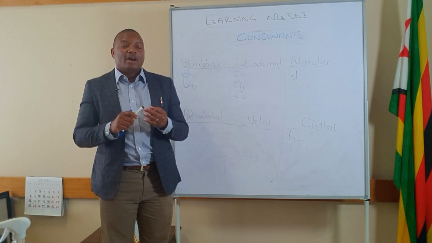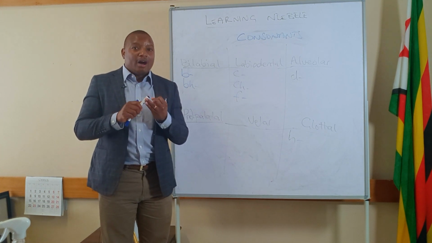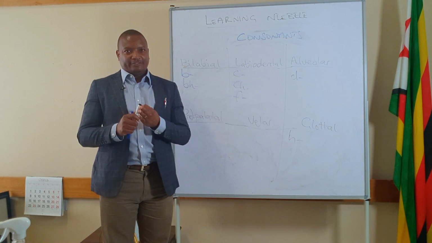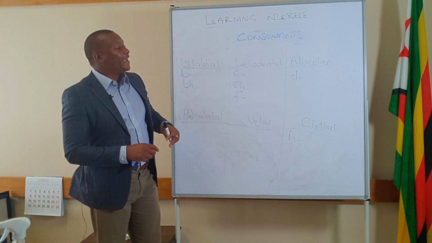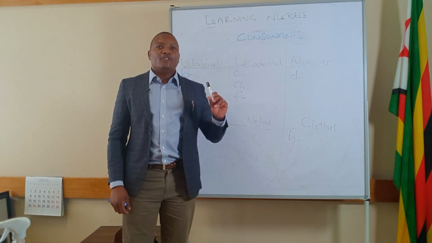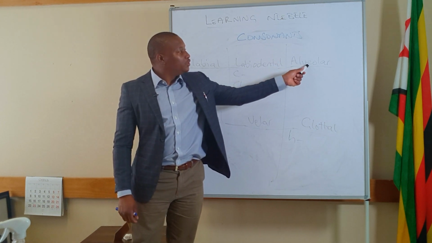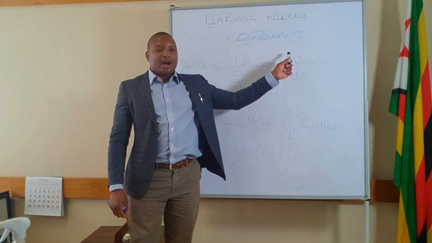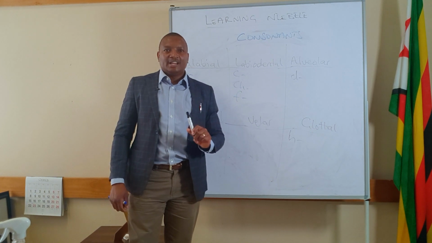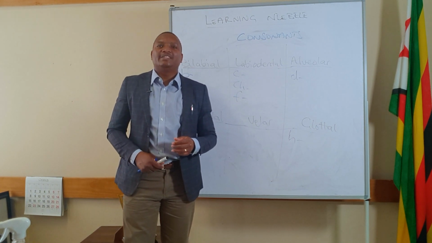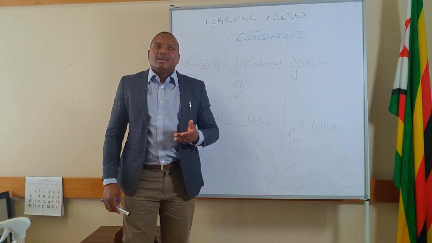So I've said voiceless alveolar fricative. That means we're talking about a sound with no voice that is produced at the alveolar ridge. So the voiceless alveolar fricative is s, s.